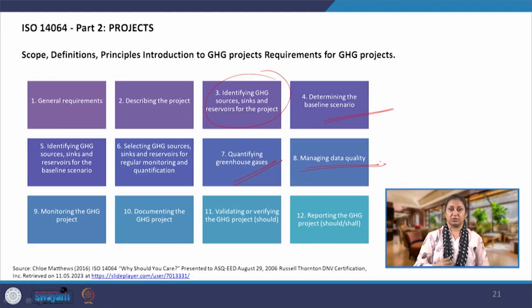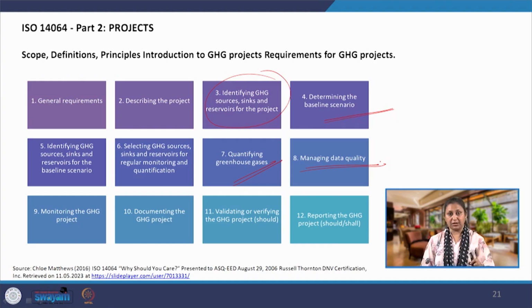So, how do we measure? How do we monitor? Having standard ways of measuring is what will be covered here. And then we monitor the GHG project for a period of time, document the project, and then we verify and validate. Again, this particular framework talks about how to validate and verify.